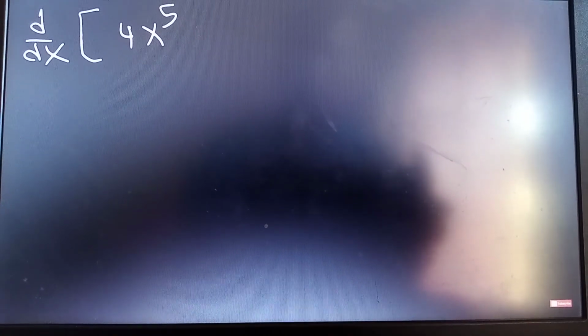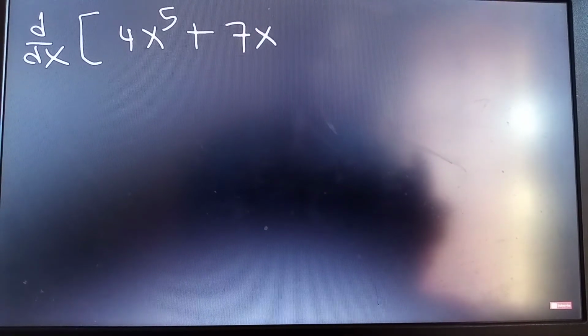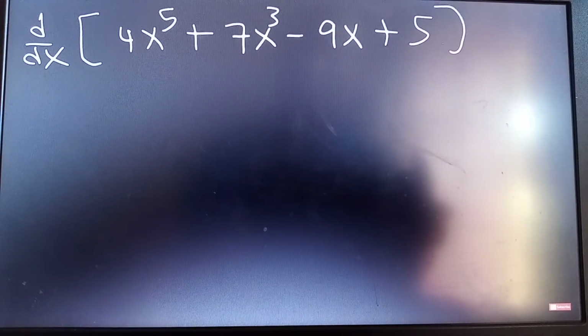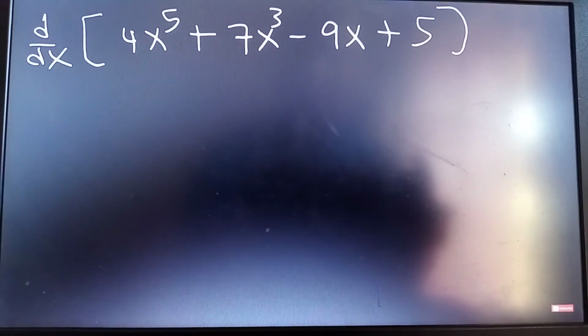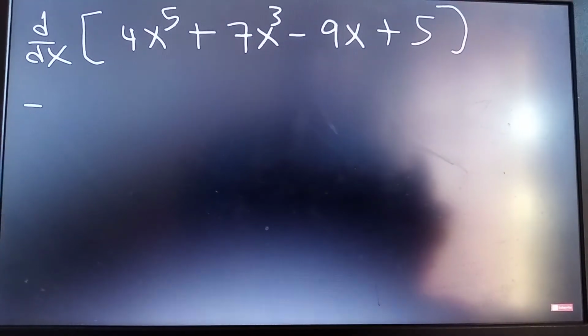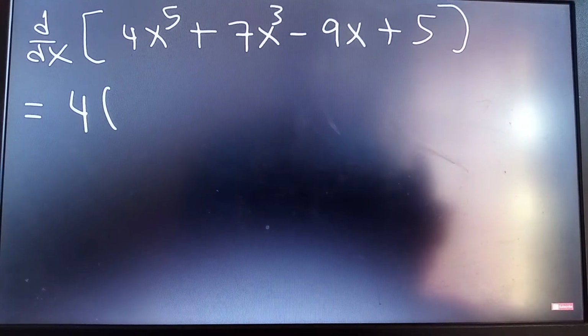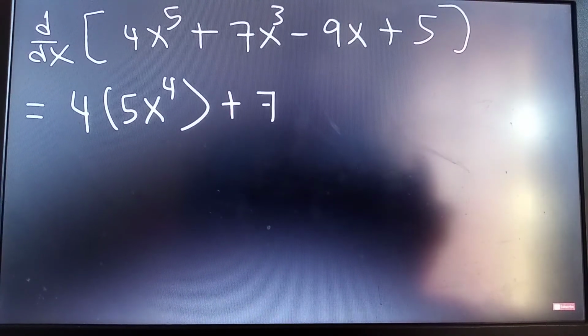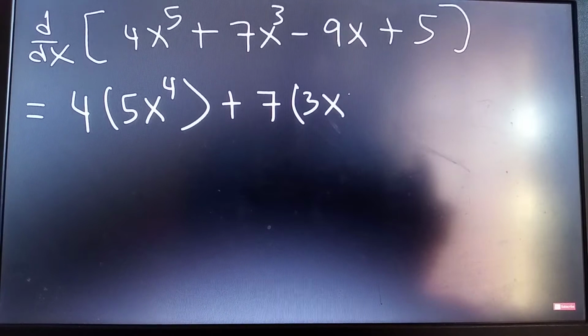Now what about the derivative of, let's say, a polynomial function? 4x to the 5th plus 7x cubed minus 9x plus 5. Go ahead and try that. So the derivative of x to the 5th is going to be 5x to the 4th power. The derivative of x cubed is 3x squared.